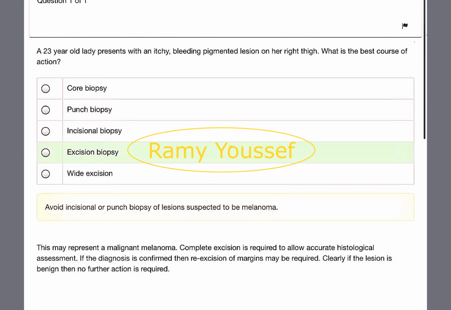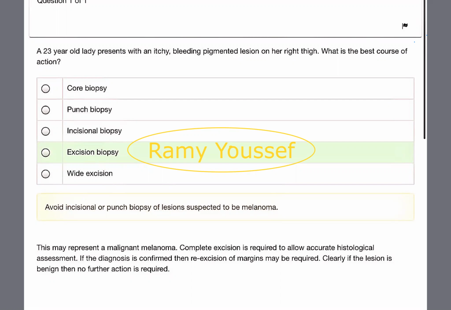I think it is one of the recalls: the patient comes with inguinal lymphadenopathy and a pigmented skin lesion in the leg for a long time. So your provisional diagnosis will be malignant melanoma.